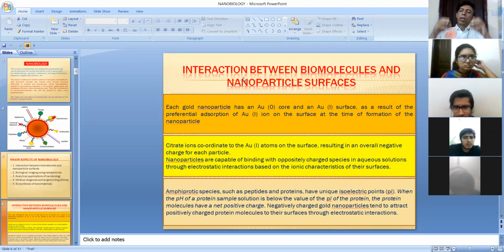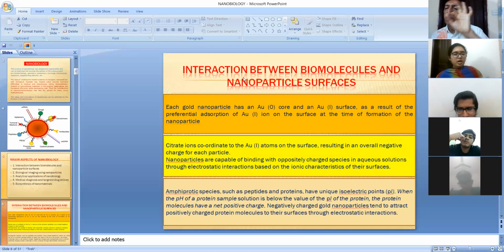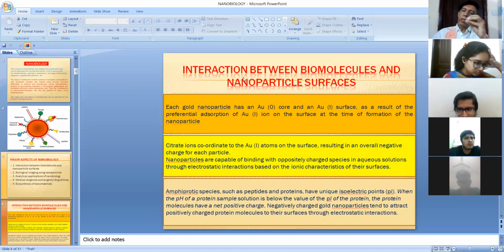So when the gold nanomaterial interacts with citrate ion, the gold citrate complex is negatively charged as a whole, because gold has only one positive charge, but citrate ion has a -2 or -3 charge.